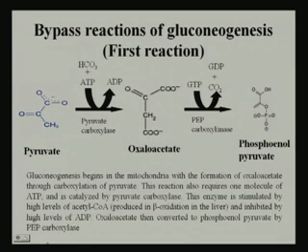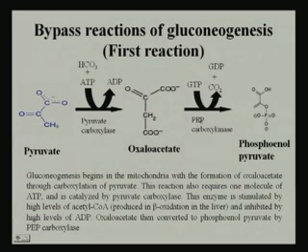This enzyme is stimulated by high level of acetyl-CoA, produced in beta oxidation in the liver, and inhibited by high level of ADP. So, pyruvate is getting converted to oxaloacetate, which is then acted on by the enzyme phosphoenolpyruvate carboxykinase.